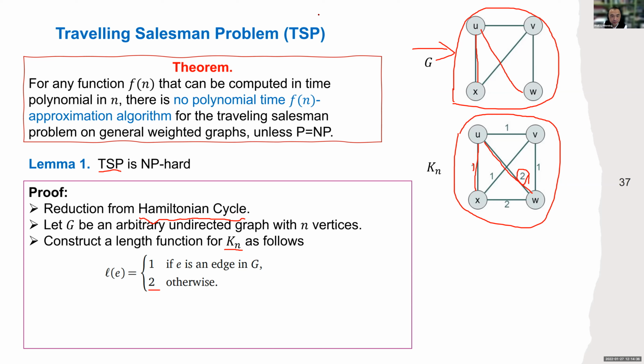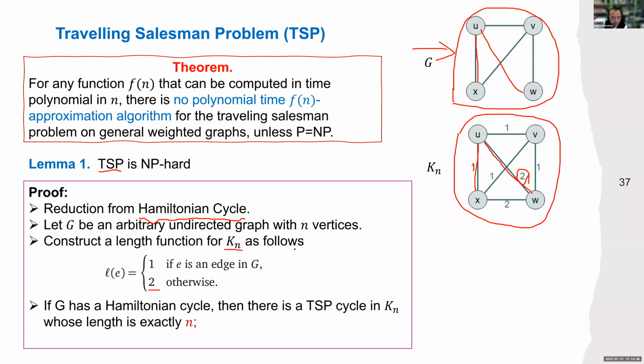Now let's see the equivalence of these two graphs. Remember, in the original graph we are talking about a Hamiltonian cycle. If you have a Hamiltonian cycle in the original graph, then in the new graph you will have a TSP tour of length exactly n. Why? Because every edge in that Hamiltonian cycle has length 1.